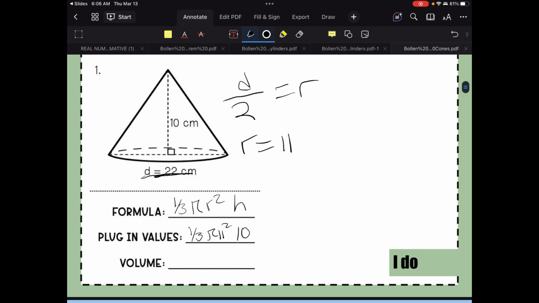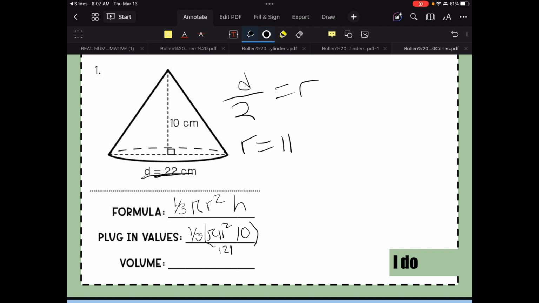If you're doing this in a blue calculator, you may need to divide this section by 3 instead of multiplying it by 1/3, because the calculator doesn't multiply by 1/3. 11 times 11 is 121.